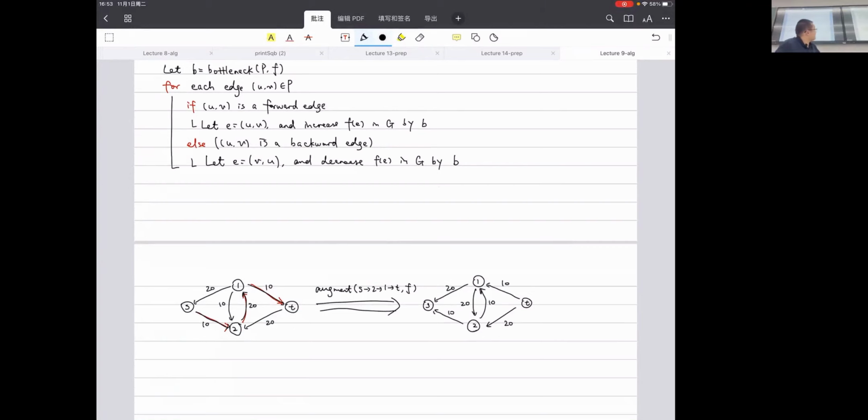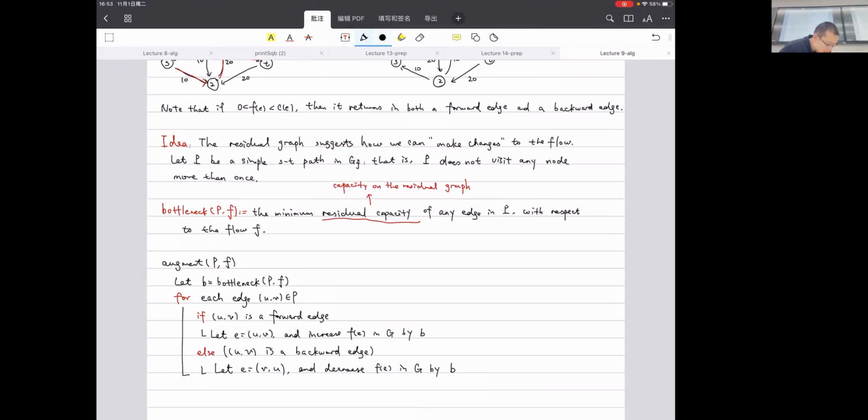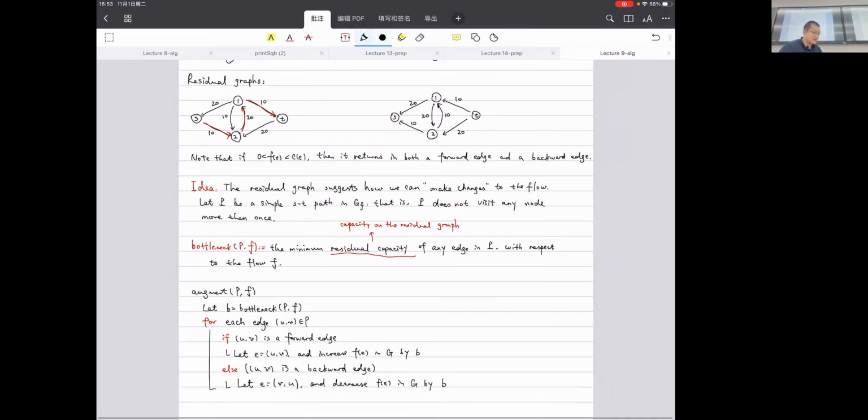Running this augment on S, 2, 1, T, we get the optimal solution that we want. So, any question about this algorithm augment?